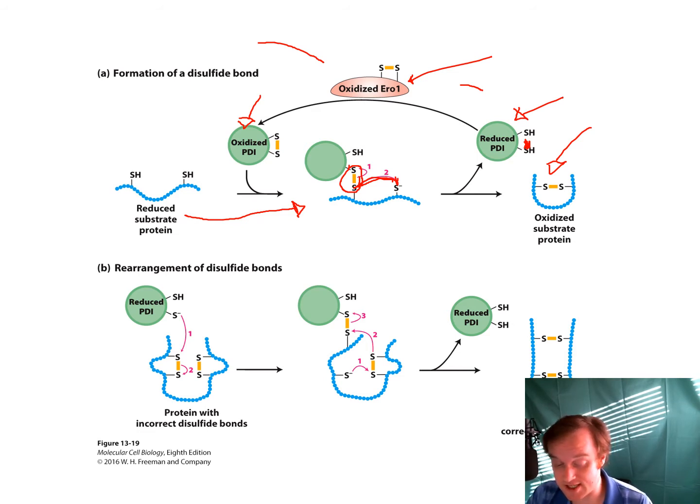So as you can see in their example here, we have this protein with incorrect disulfide bonds. Instead, they should be forming across and not with their closer neighbors. So this reduced PDI will come in and form these bonds with one of these cysteines, and it will form this disulfide bond and act as this terminal electron receptor.